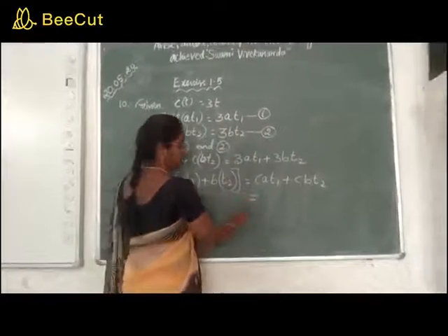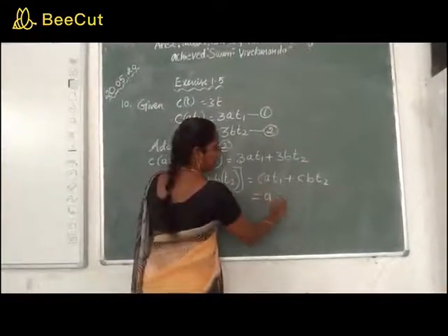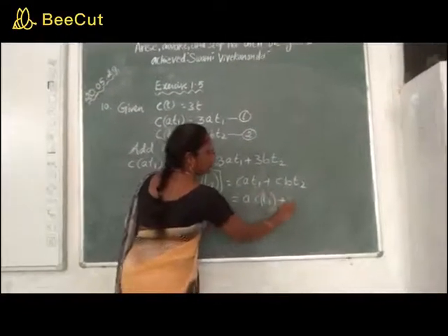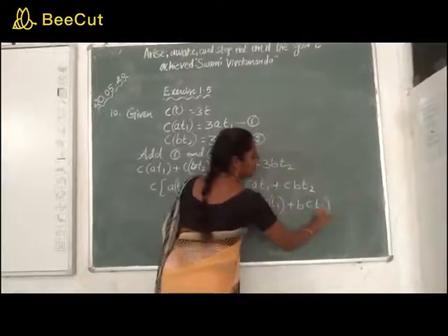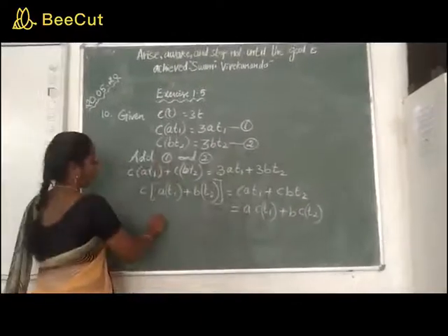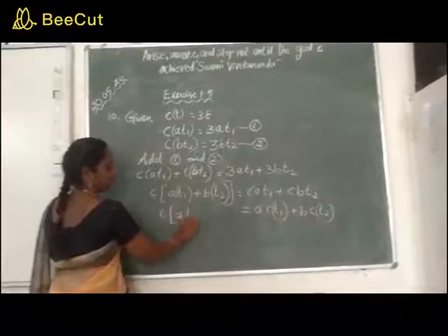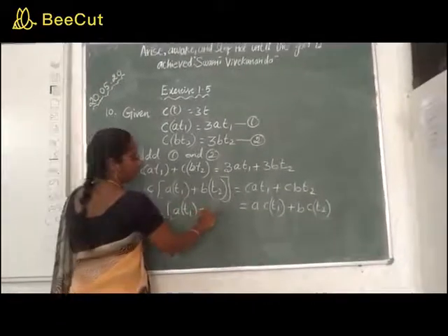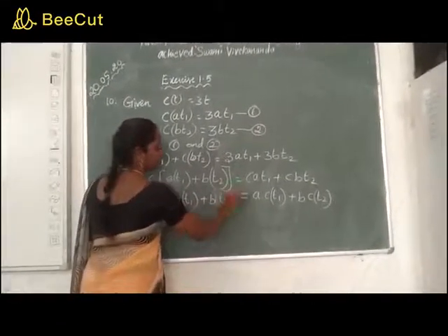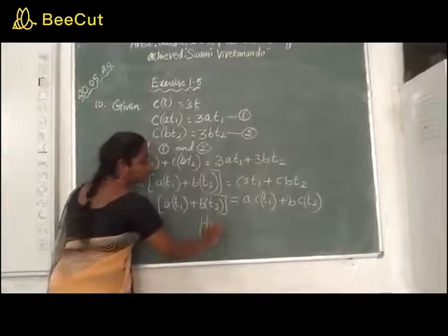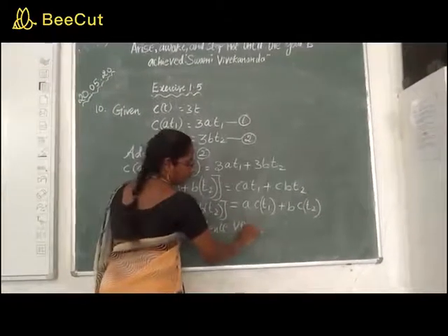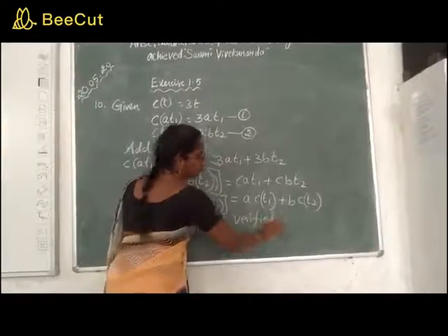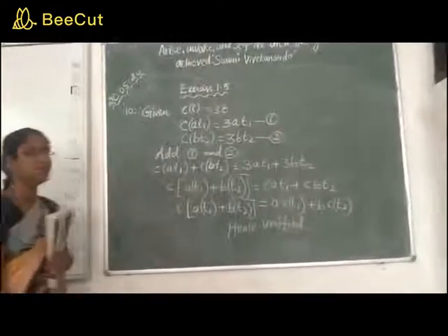Now take a C(t1) plus b C(t2), and the LHS C(a t1 plus b t2). So hence verified. The superposition principle is satisfied.